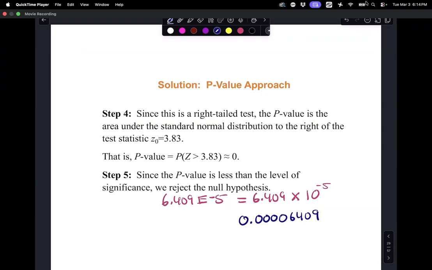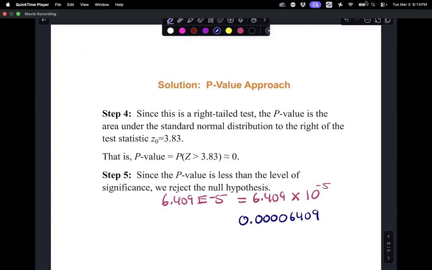So I just moved the decimal point 5 places to the left. This number is so small that basically we're saying there's practically a 0% chance of getting a sample that looks like that if the actual percent was 46%. There's not quite a zero chance, but really, really low.